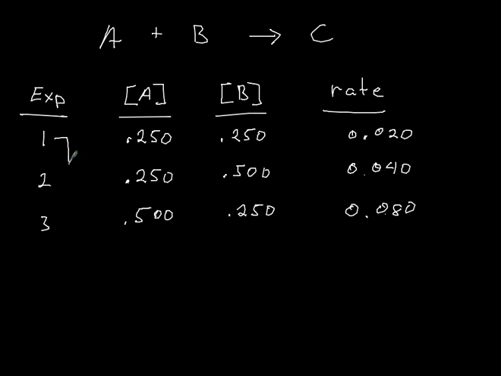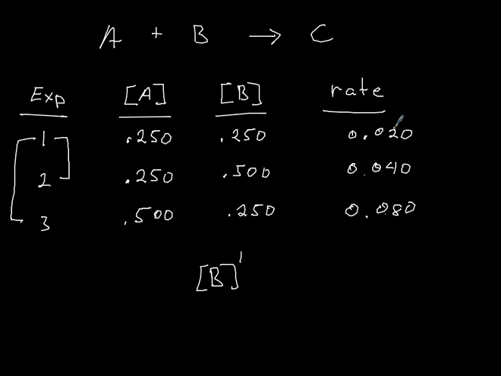And so let's compare experiment 1 and 2, because in 1 and 2 we hold A constant and B changes. And so B doubles and the rate doubles. And so this reaction with respect to B is going to be a first order reaction, so B to the first, because whatever we did to B, the rate did the same thing. Now let's compare experiment 1 and 3. B was held constant and A doubled, and the rate did not double.